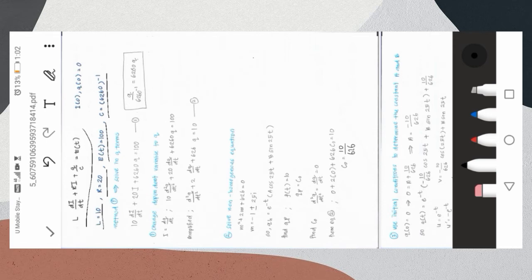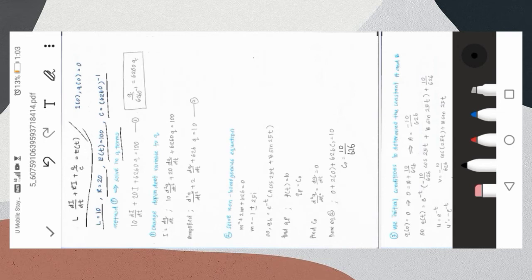We can solve this equation using q terms. Replace all the given information into this equation. So we can get 10 di over dt plus 20i plus 6260q equals 100.